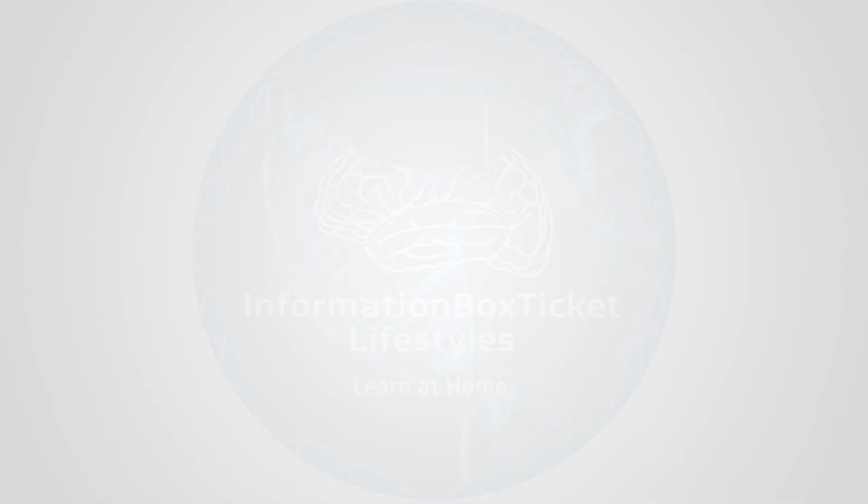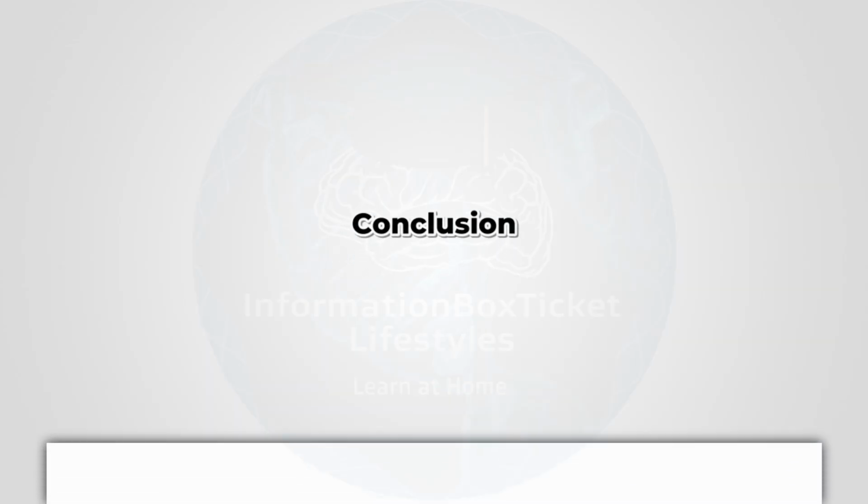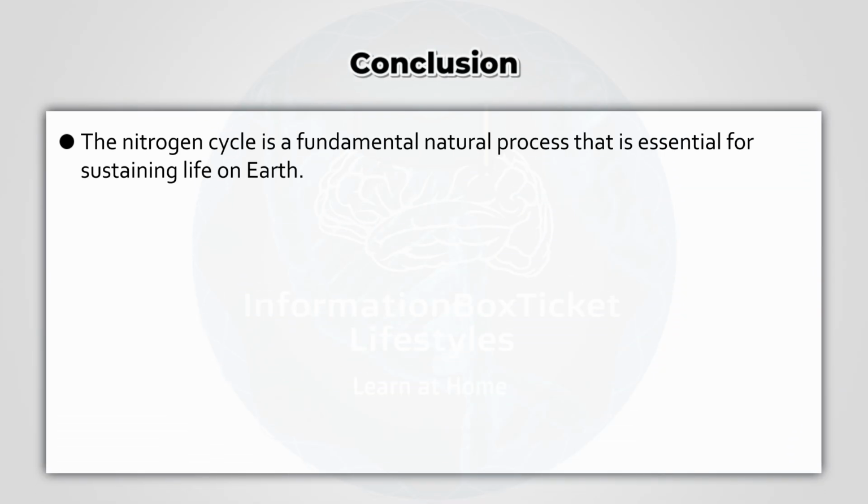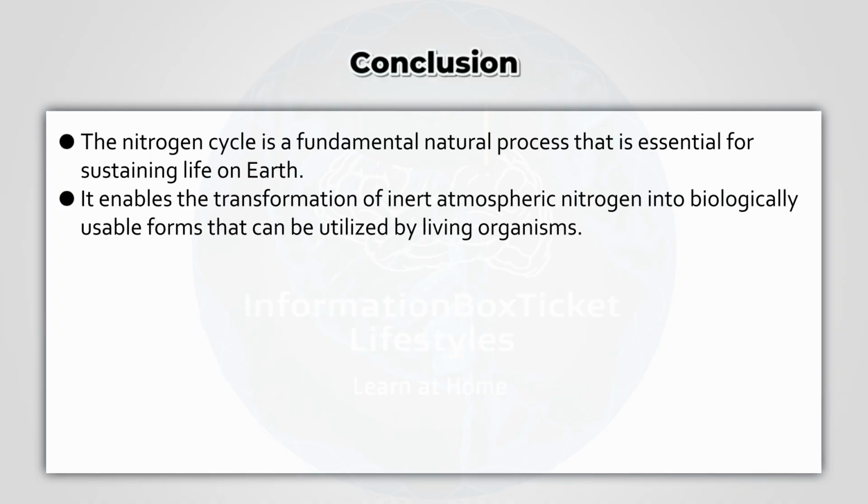Conclusion. The nitrogen cycle is a fundamental natural process that is essential for sustaining life on Earth. It enables the transformation of inert atmospheric nitrogen into biologically usable forms that can be utilized by living organisms.